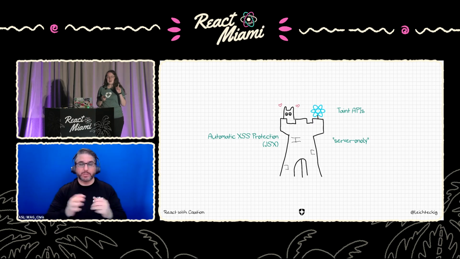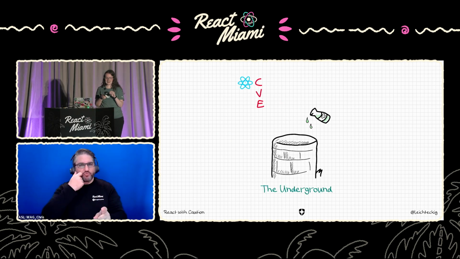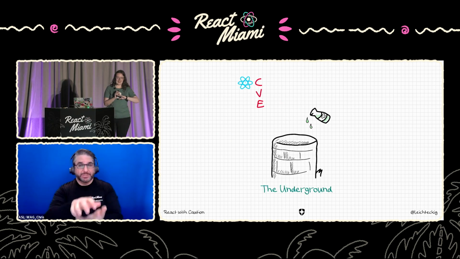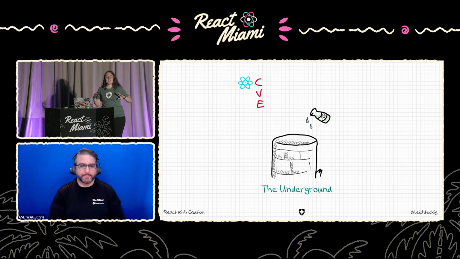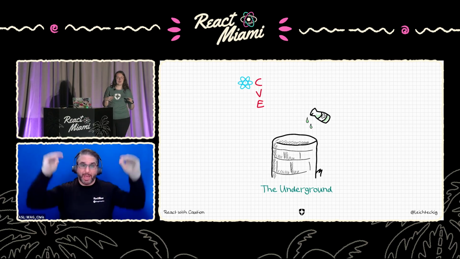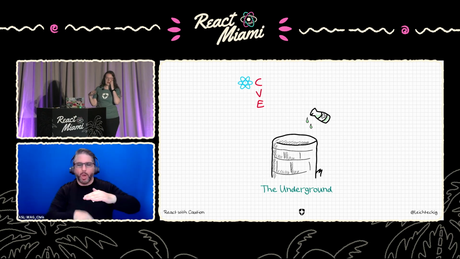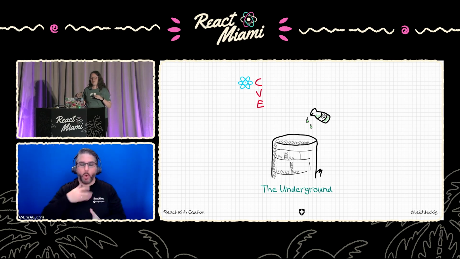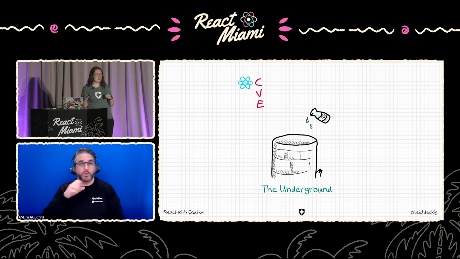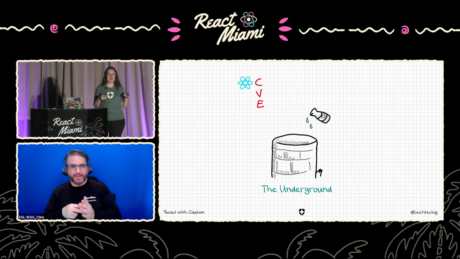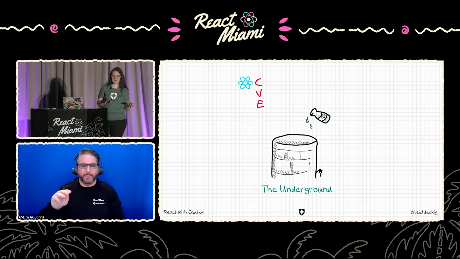However, I mentioned the word packages already, right? If attackers know that our walls and our castles are high, they might go underground. They might poison a well. And in software developer terms, I would like to call this NPM, or basically any dependencies we have.